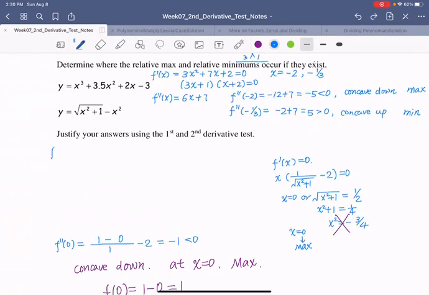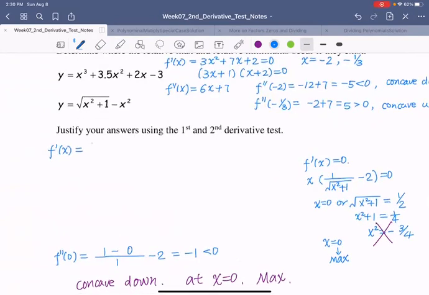F prime of x equals? Okay, so it's 1/2 times x squared plus 1 to the -1/2 power, times 2x, and then minus 2x.